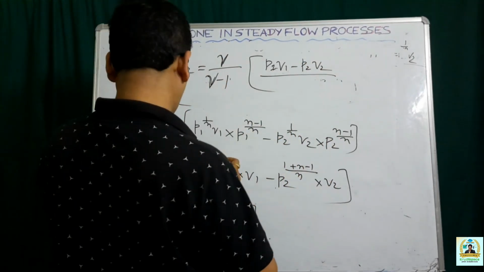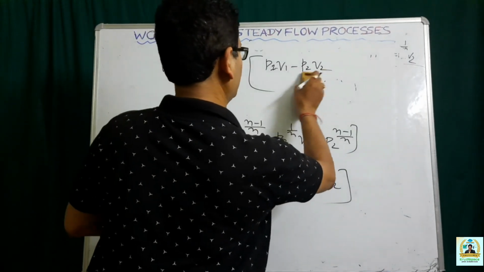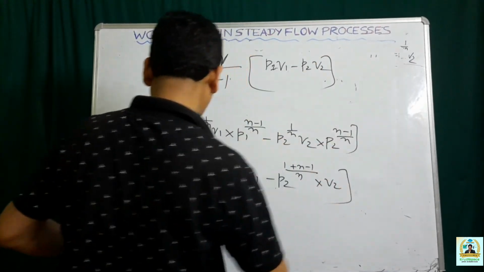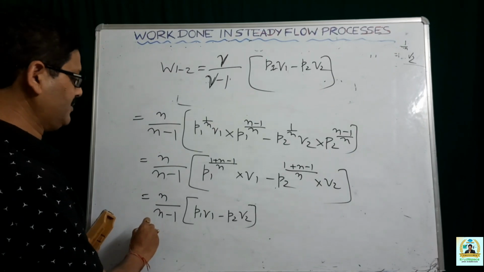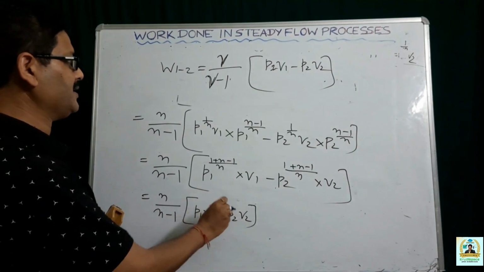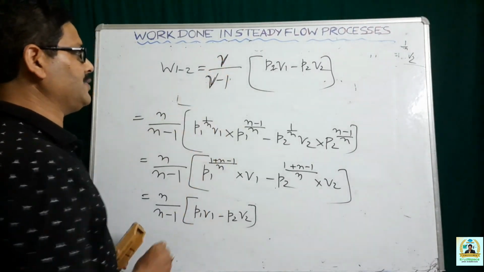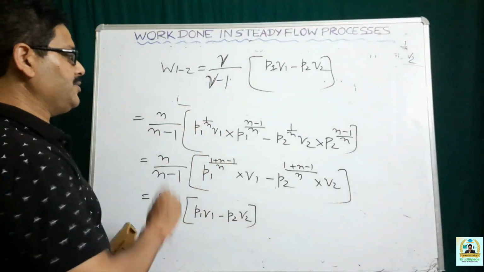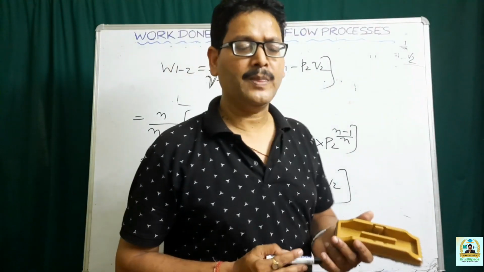Already we have done this. This is n by n minus 1 into P1 V1 minus P2 V2. This is gamma by gamma minus 1 into P1 V1 minus P2 V2.